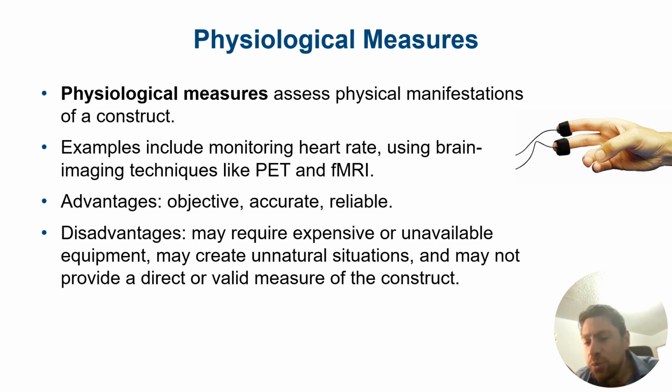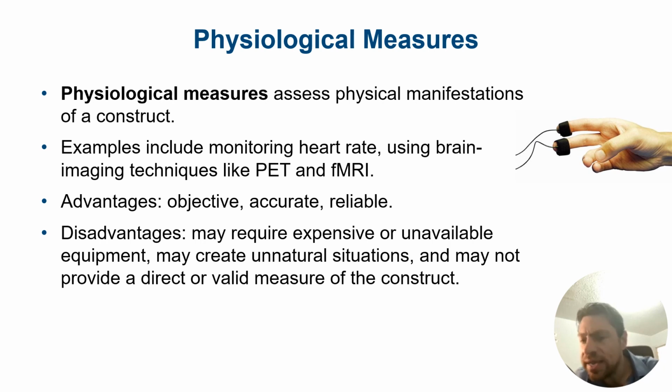But also interpreting what the physiology means can be challenging. Again, if you find activation in some part of the brain in response to some stimulus, what does that mean? What are those brain areas doing? How do you interpret activation in those areas as opposed to some other areas? And even something like heart rate, if your heart rate goes up in response to an image, is it because you're afraid?